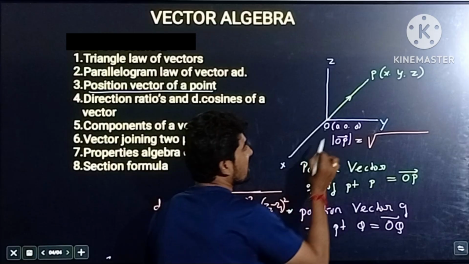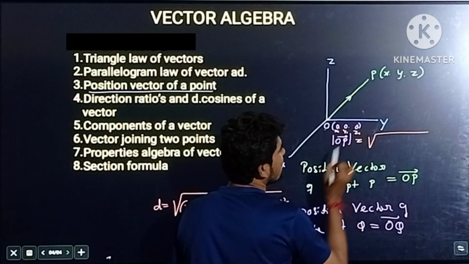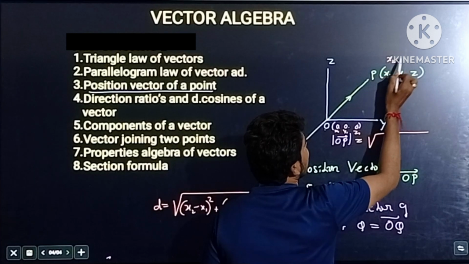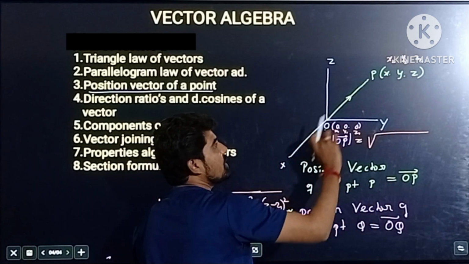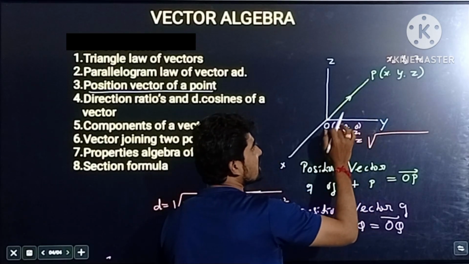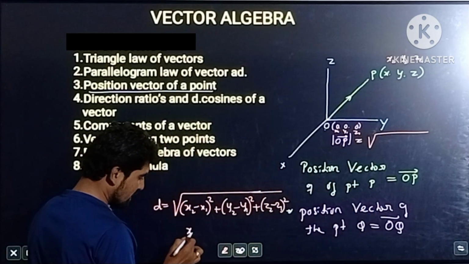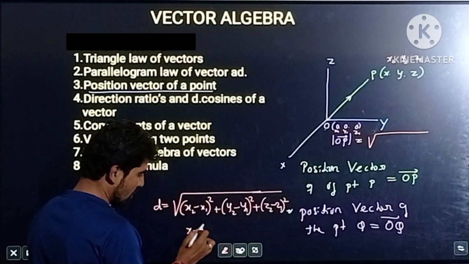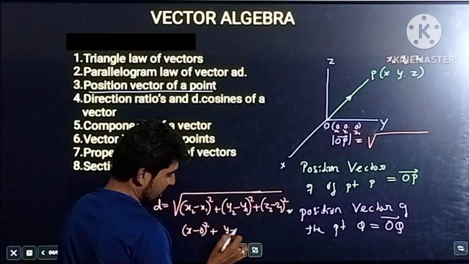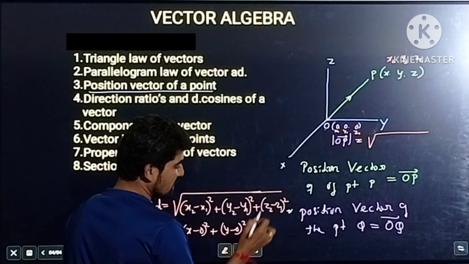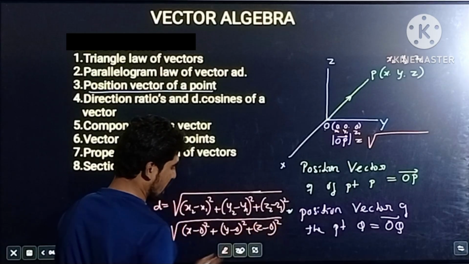Here, let's say the coordinates of the origin point are x1, y1 and z1, and this point is considered as x2, y2 and z2. So the distance between the points O and P is given by x2 minus x1, meaning x minus 0, whole square, plus y2 minus y1, y minus 0, whole square, plus z2 minus z1, z minus 0, whole square, all under square root.